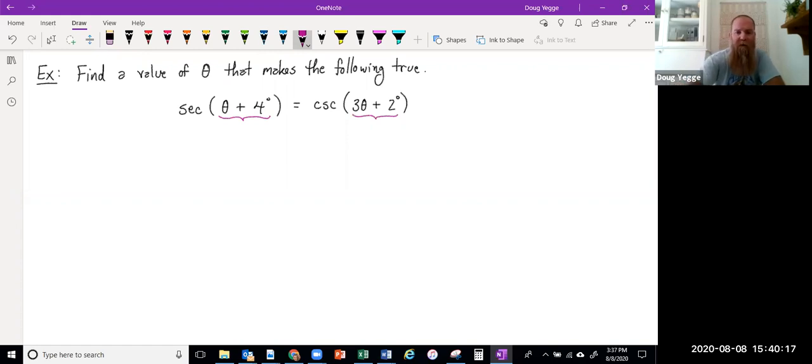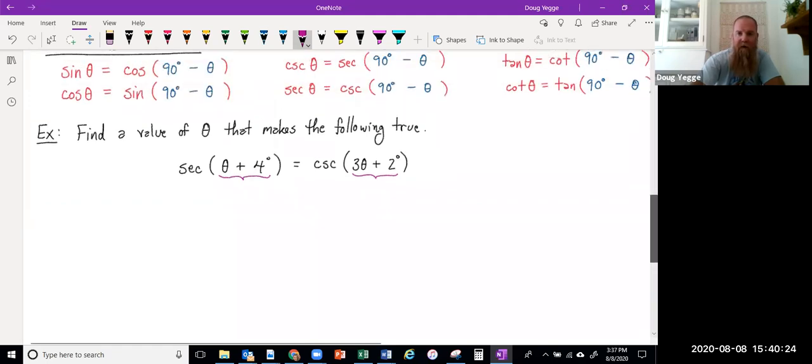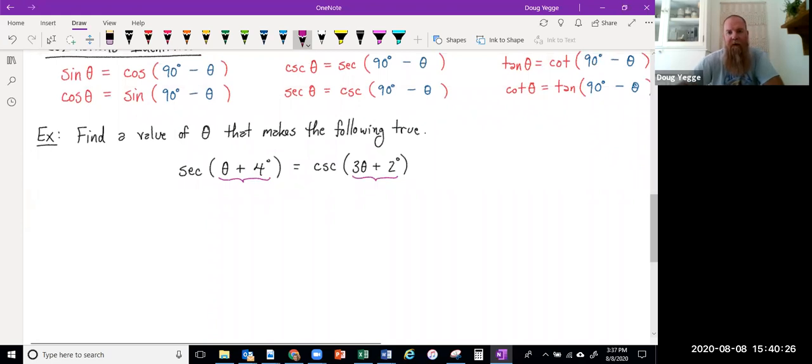Now, if you look back to our identities, there's something to notice: there is an identity that shows that secant of something is equal to cosecant of something else. So that must mean that if I call this value A, the only way that secant of an angle could be equal to cosecant of something is if that value is 90 degrees minus A.